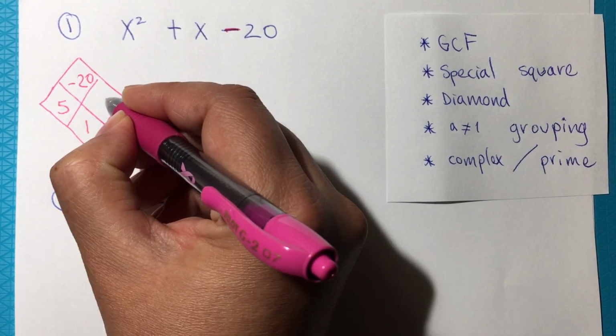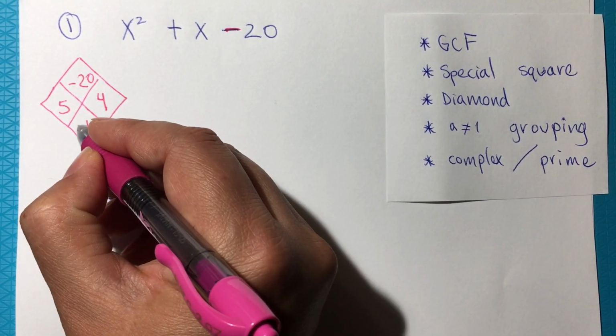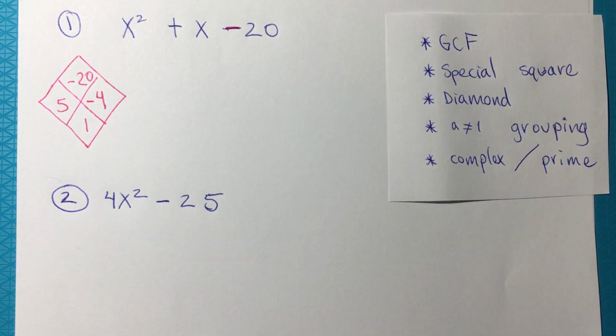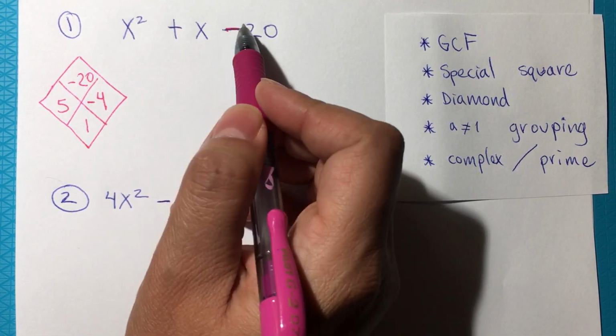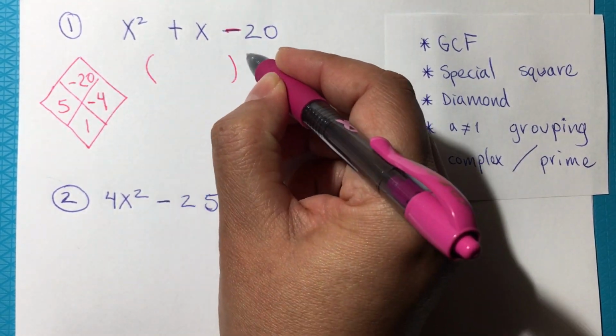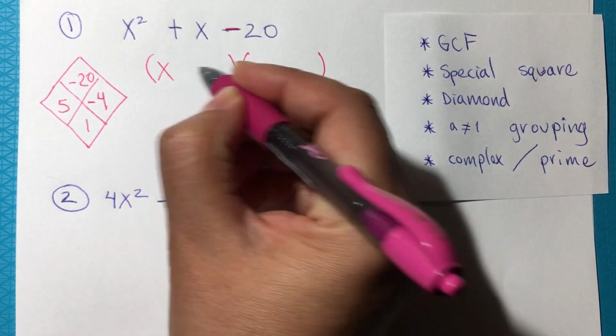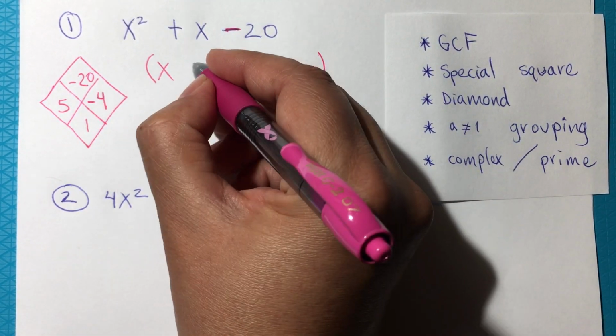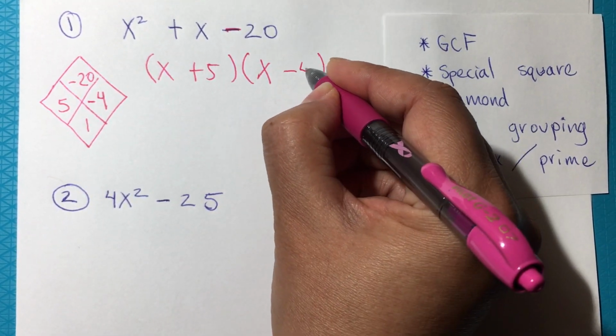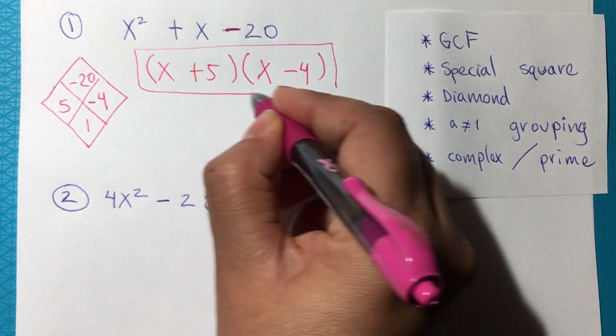So it will be 5 times 4. And it's very similar to the one that we did for grouping. In this case, we're not multiplying A times C, so all you have to do is open your parentheses, put X, X, and plus 5, minus 4. Those will be your two factors.